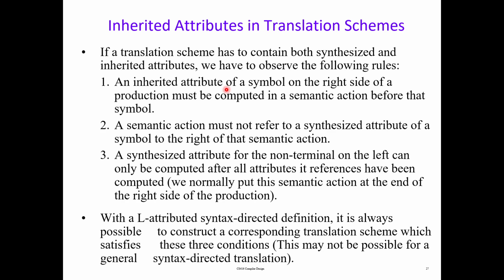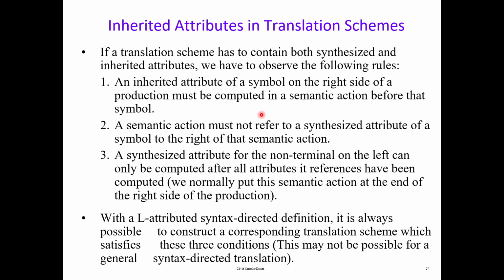What are the conclusions for this? If we are using inherited attributes in a translation scheme, you have to keep track of these three things. First, an inherited attribute of a symbol on the right side of the production must be computed in a semantic action before that symbol. So in the previous slide, it was not computed previously, even though it is an inherited attribute. That is why the mistake came.